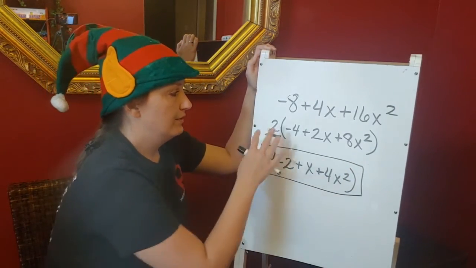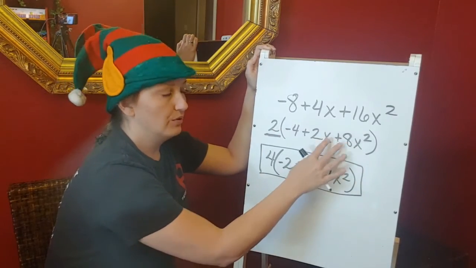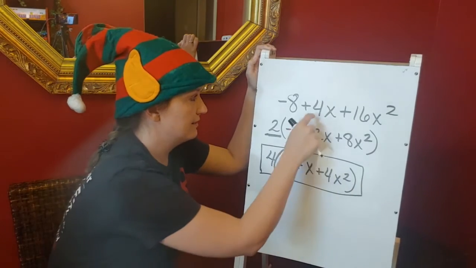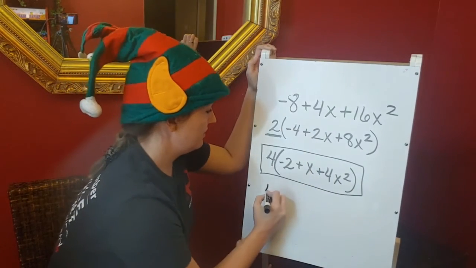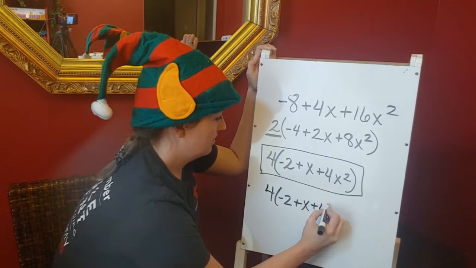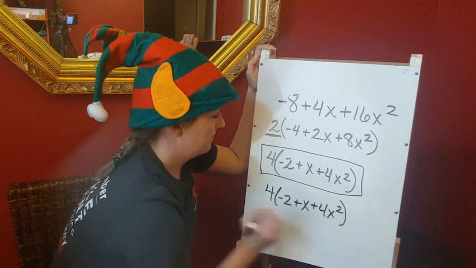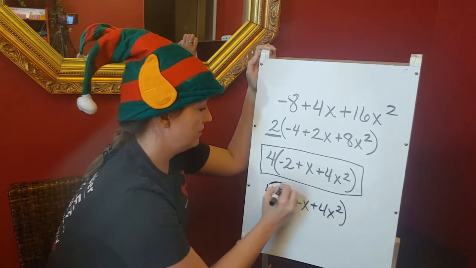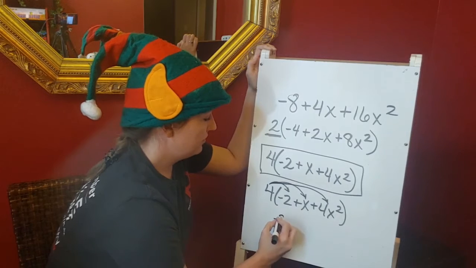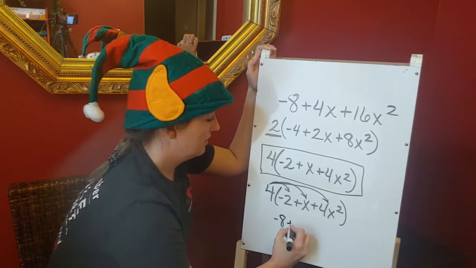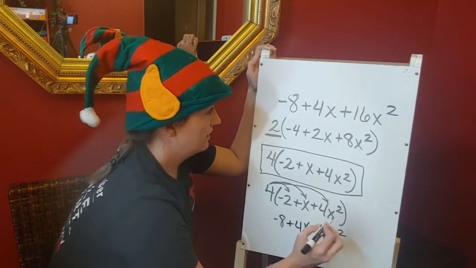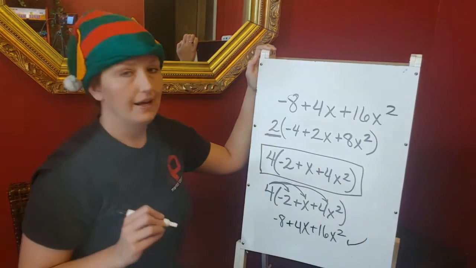Since I went through this extra step in the middle where I didn't pull out the GCF at first, I'm going to check this and make sure that I get my original expression. I'm going to distribute all the way across. 4 times negative 2 is a negative 8, plus 4x, plus 16x squared, and it checks out.